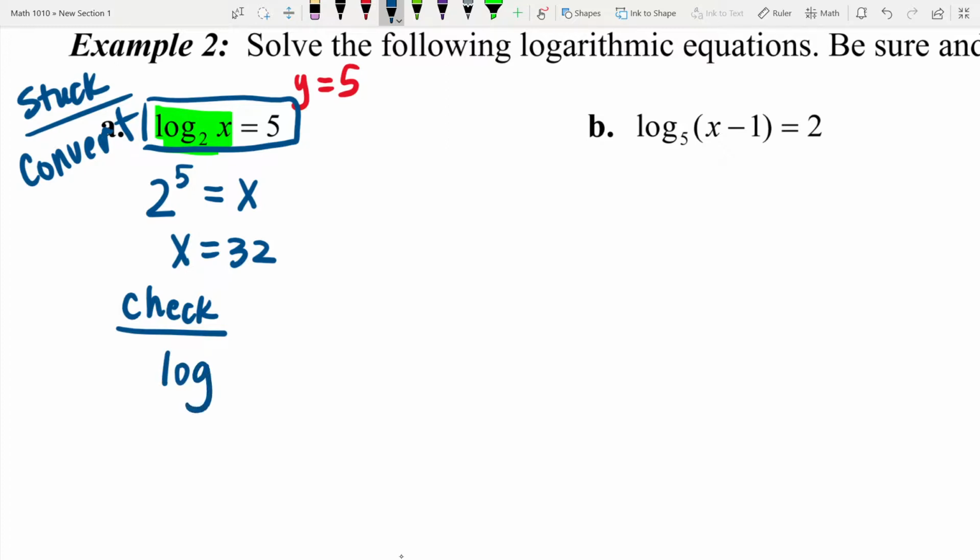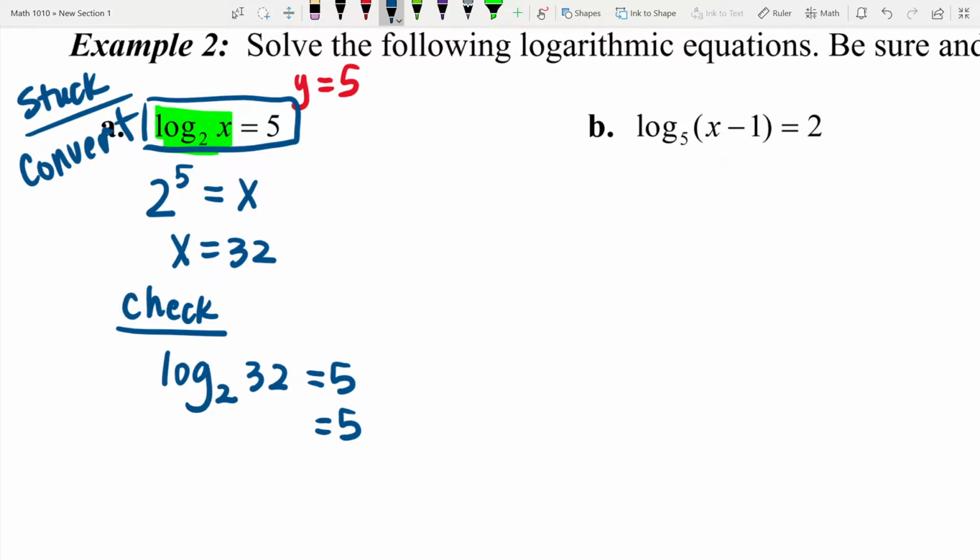So everybody go log base 2 of 32 is equal to 5. See the 5 on the right hand side? Leave it alone. And now let's plug in log base 2 of 32. Everybody in the room, grab your calculator. If you don't know how to check this, you're not going to do well on the quiz on Friday. Because you have to check. So grab your calculator and let's practice, okay?